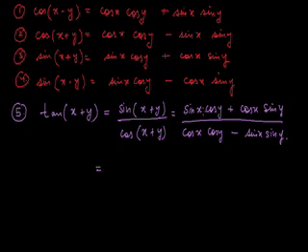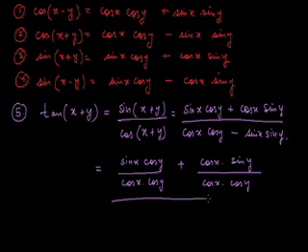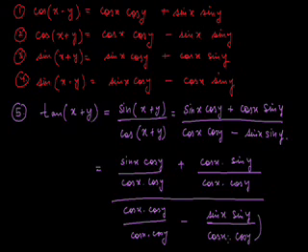So it will become sin x cos y upon cos x cos y plus cos x sin y upon cos x cos y, whole divided by cos x cos y upon cos x cos y minus sin x sin y upon cos x cos y.